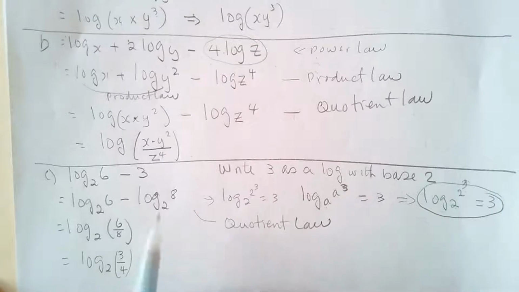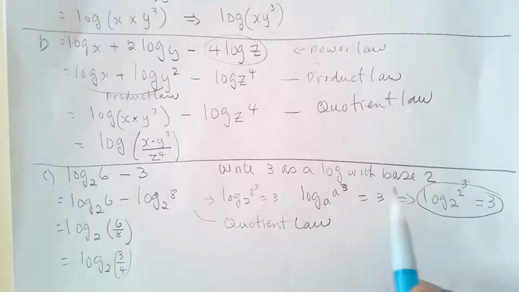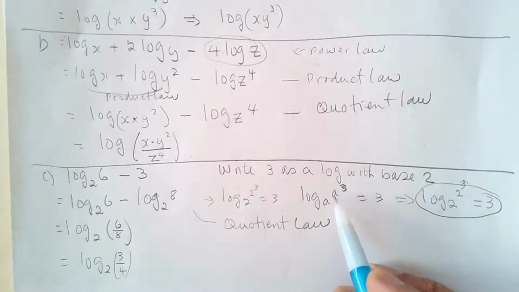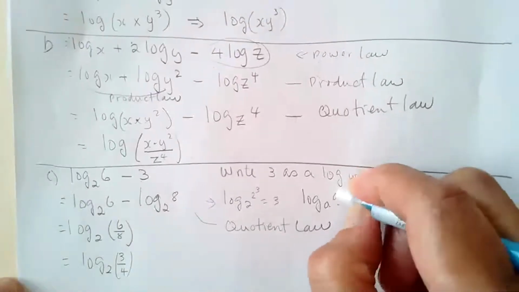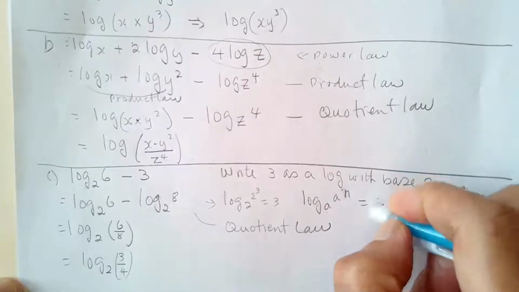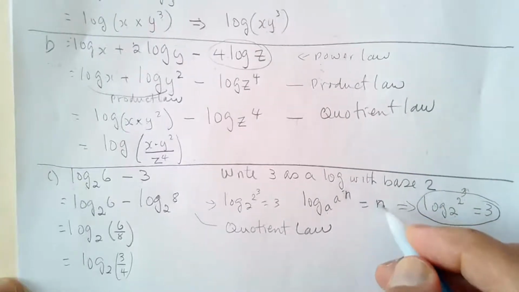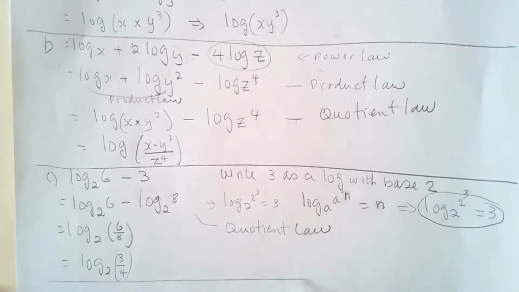So be careful whenever you're given the whole number, you need to change that into the log, and we are going to apply this principle here. The log definition for log. So this is our final answer.